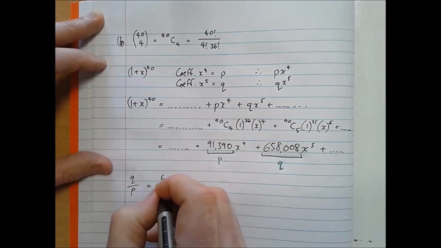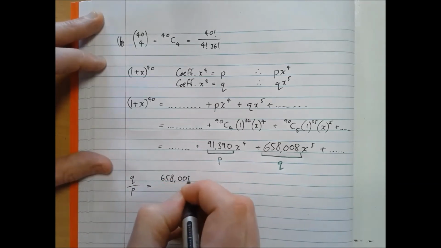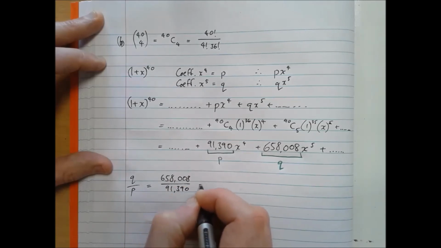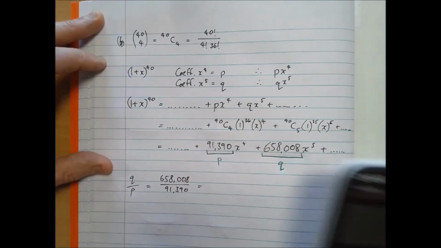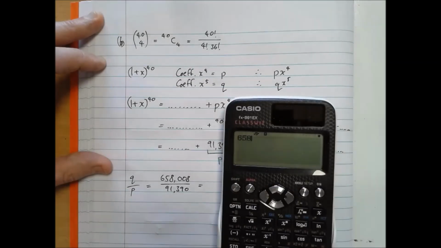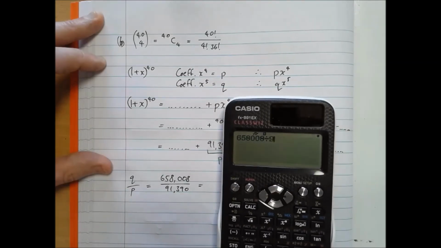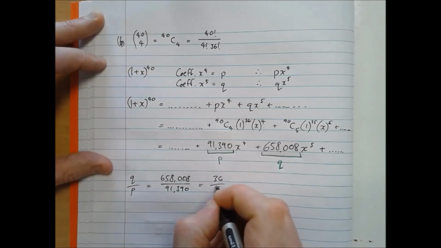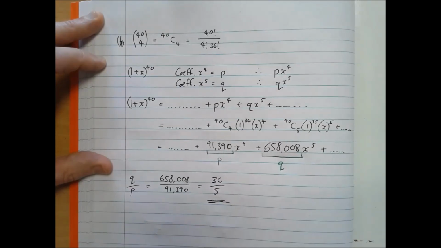So that's going to be our 658,008 divided by the 91,390. Tap that into the calculator to get a simplified answer, and we see that it's 36 over 5. That's our answer to part B.